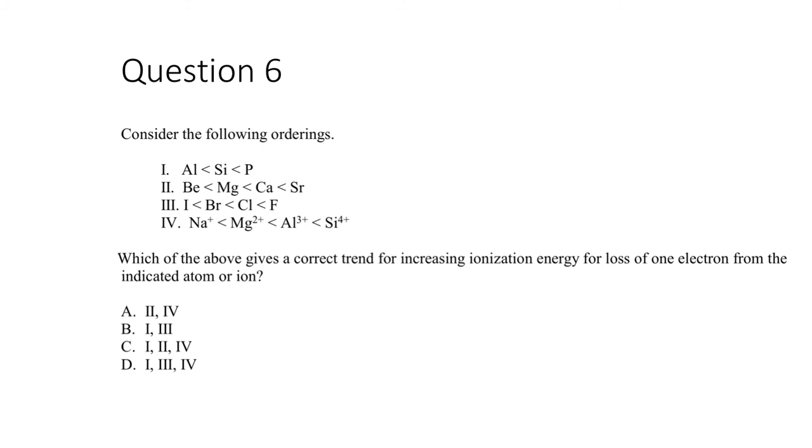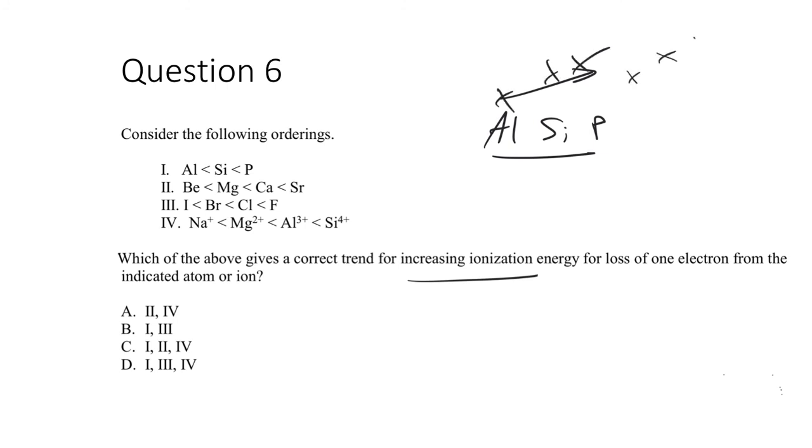So aluminum, silicon, phosphorus are right next to each other on the periodic table. And so this is the proper trend for ionization energy. So ionization energy would increase for these three. It might drop a little for the next element, selenium, and then go up from there. So you might get a small drop here. So these should definitely increase.